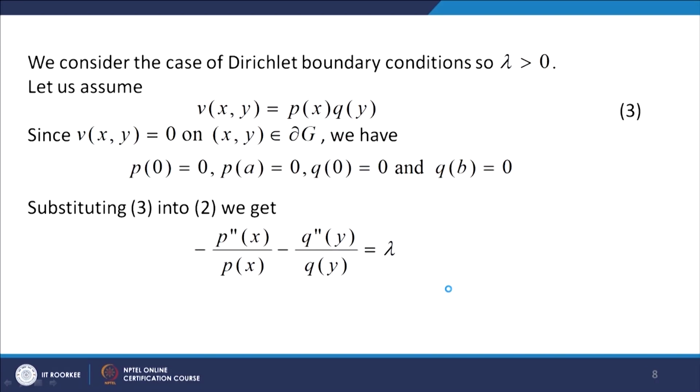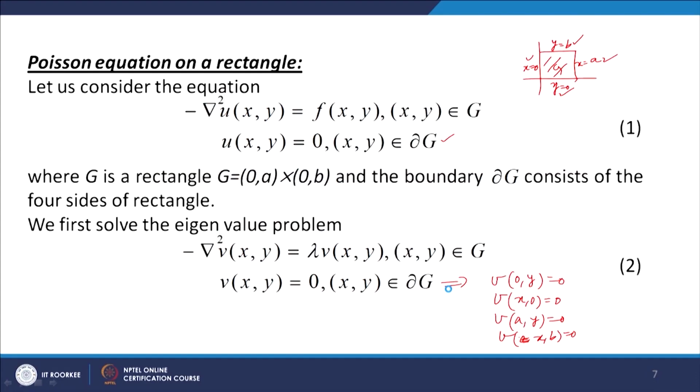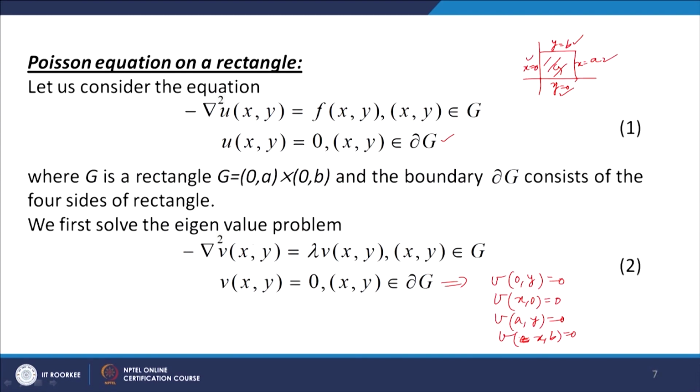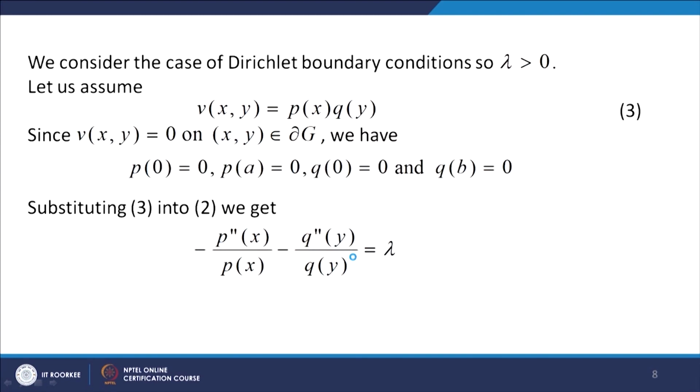Now we consider the Dirichlet boundary condition. In the case of Dirichlet boundary conditions, this lambda is strictly positive. Now let us find the solution of this equation. Let us put v x y equal to p x into q y, a function of x into a function only of y.